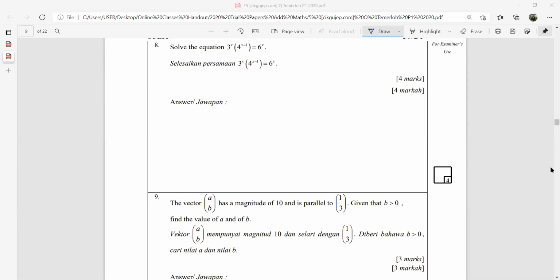Okay, still got other chapters as well. One more minute.